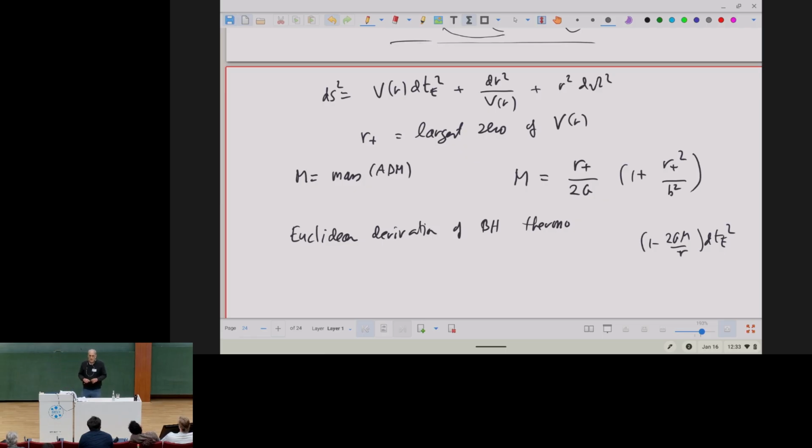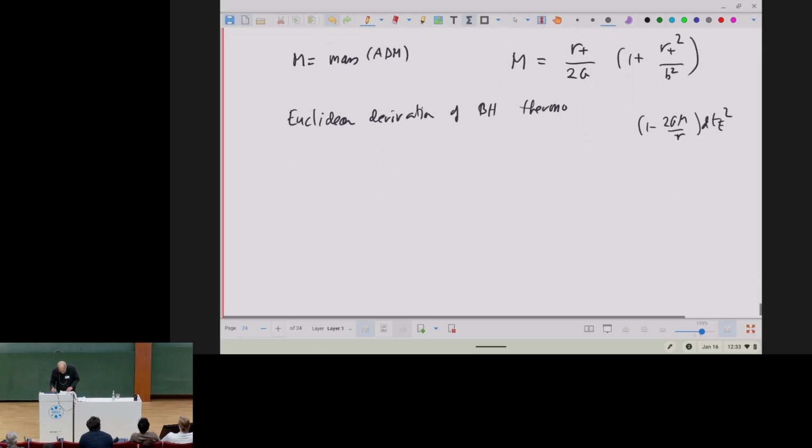So similarly, the right change of variables will show that r equals r plus is like the origin of polar coordinates, and Te has to have the correct period to make the metric smooth. So if you do that exercise, you'll find that the black hole is smooth if Te has period beta, where beta is 4 pi r plus times b squared over b squared plus 3 r plus squared.